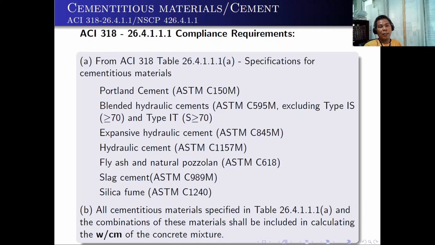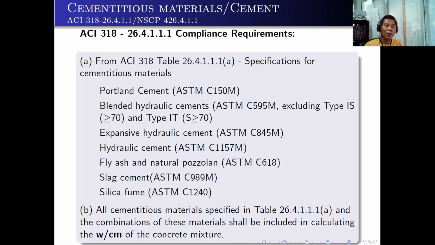construction. Also, the ACI code actually gives us compliance requirements for cementitious materials or cement. From ACI 318 Table 26.4.1.1.1a, specifications for cementitious materials are the following. We have the Portland cement, you can follow ASTM C150. The blended hydraulic cement should be ASTM C595.